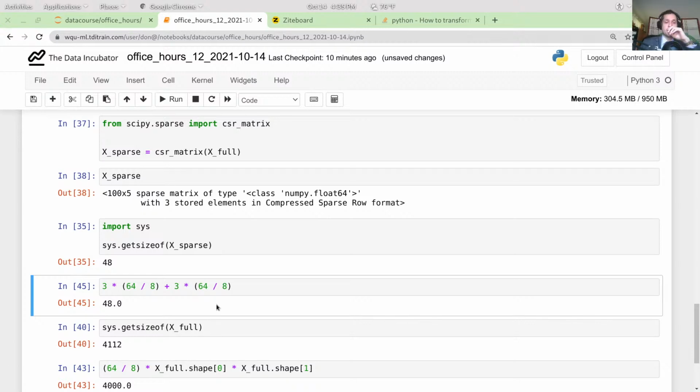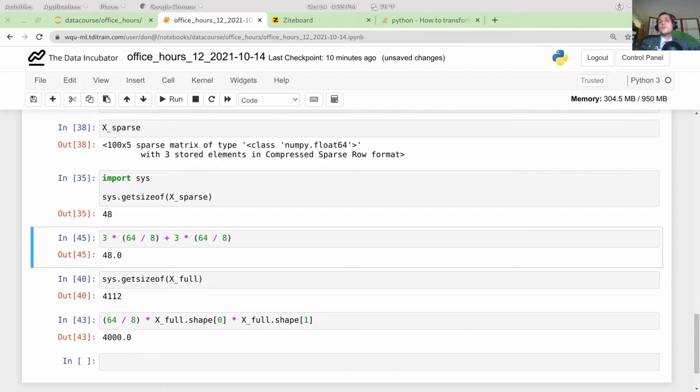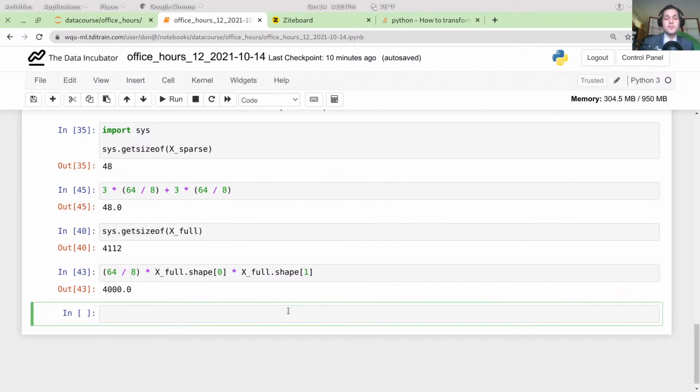What would happen if I were to take a sparse matrix and center it? Any idea? Any guesses? What would happen if I try to center a sparse matrix?